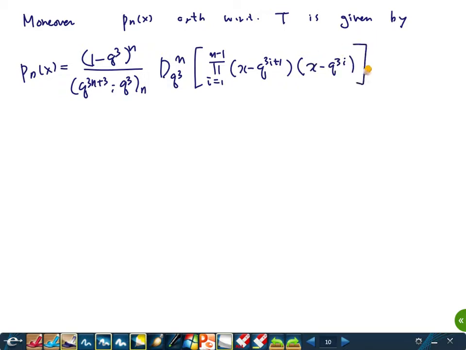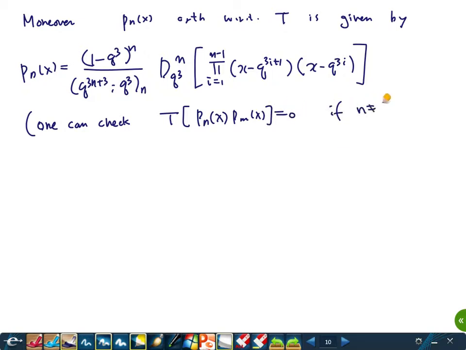One can prove that if you define this, then one can check, if you plug this into this operator, you can show that it is a monic polynomial in x of degree n, and you can check that this is 0 for different n and m.